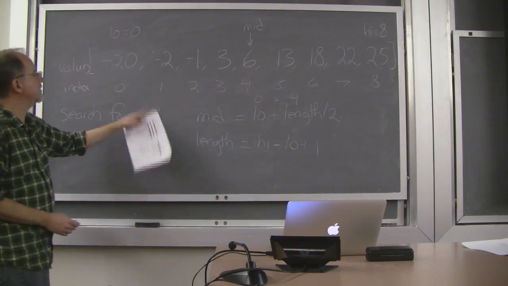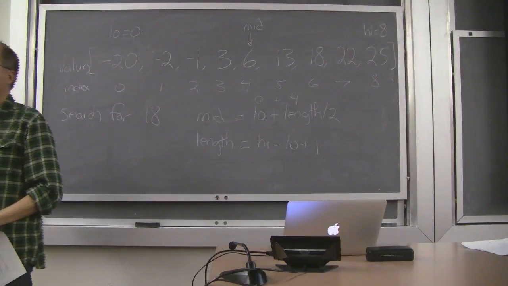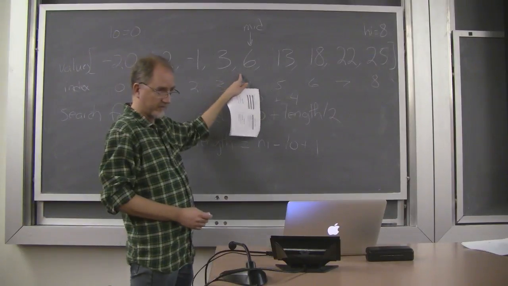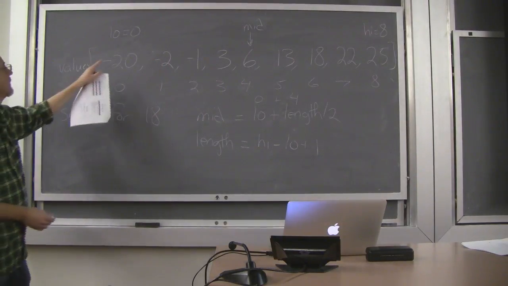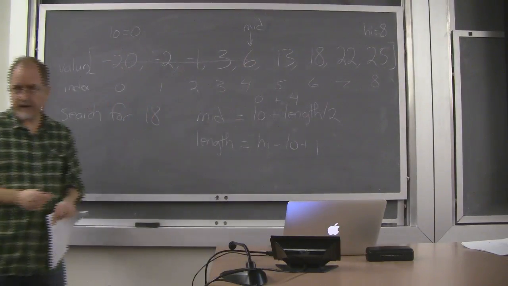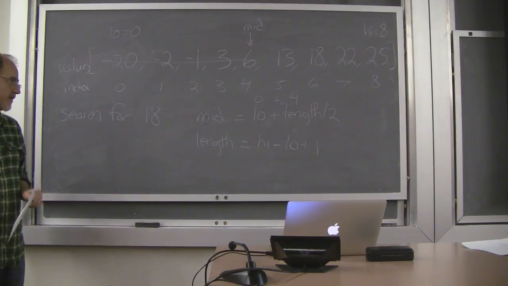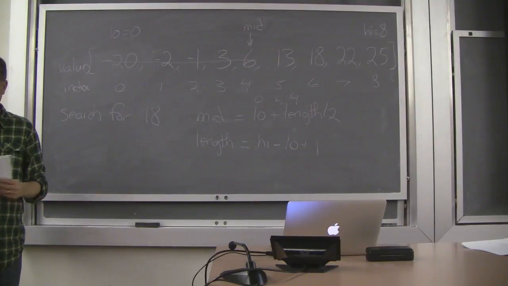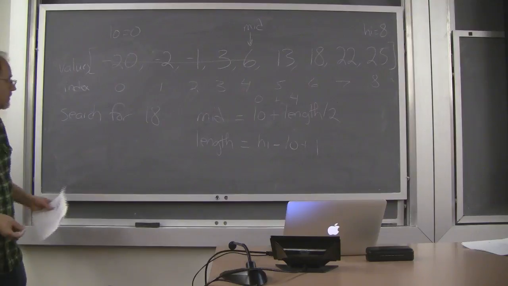If we're looking for 18, we know this is sorted. Where must the 18 lie relative to that middle point? It's got to be higher than 6, right? So we are going to update. We want to throw out all that portion of the array. And again, we don't want to throw it out by doing some Java array remove kind of thing where it's actually removing it from the array, because that's going to take a lot of work to do.